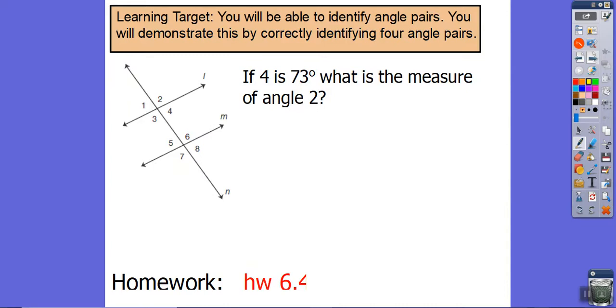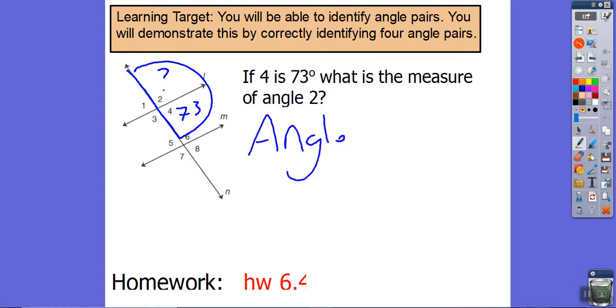If 4 is 73 degrees, what is the measure of 2? So first step, I'm going to write 73 where 4 is. And I'm going to write a question mark where 2 is. So these are right next to each other on a flat line. So what do you think? Okay, they're not across from each other, which would be the same. They're not equal.